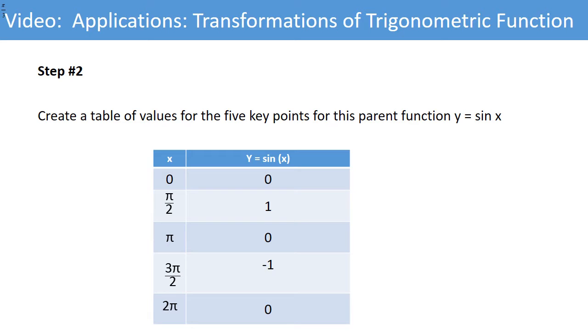We are then going to enter the default values for the 5 points that we explored in the previous videos for sine x. So we will have 0, 0, pi over 2 and 1, your maximum point, your midpoint, pi and 0, your minimum point, 3 pi over 2, negative 1, and your ending point, 2 pi and 0.